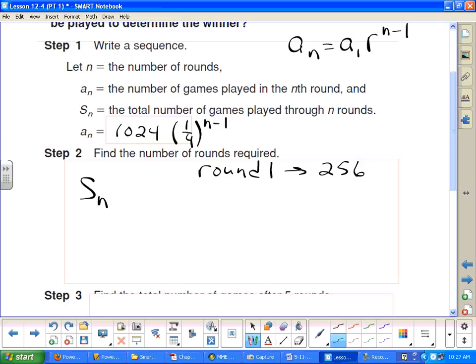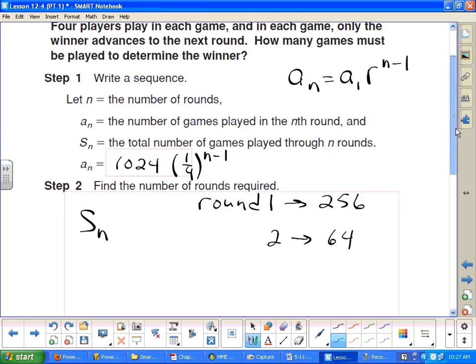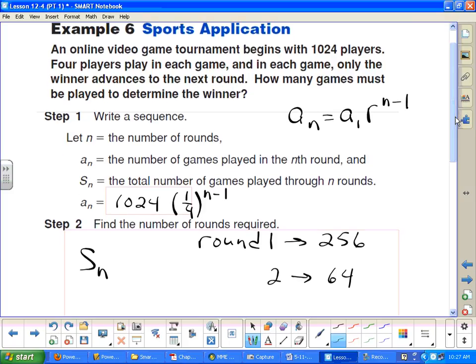We're actually going to be able to find this answer without using our formula. So, okay. In round 2, then, there were 64 games. Because we're talking about the individuals, right? Okay. If there's 1,024 players, and 4 players involved in each game, then there's only 256 games played in the first round.